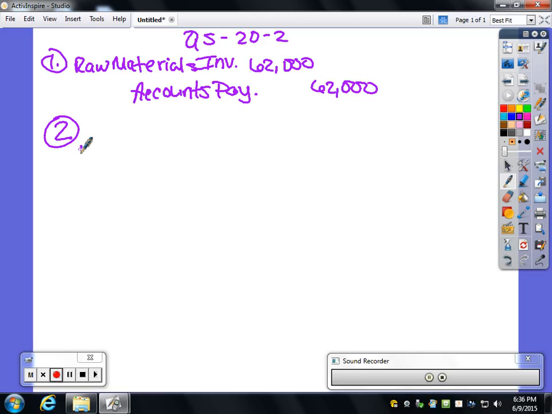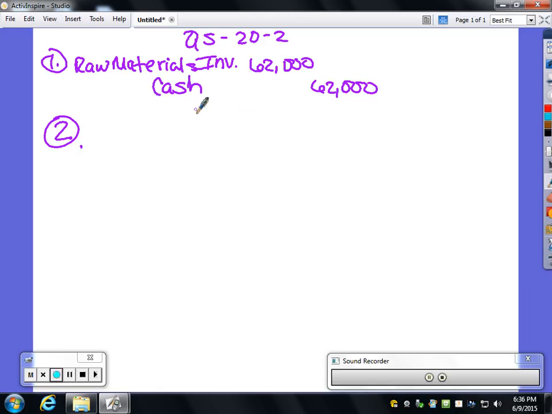Why did you choose accounts payable? So that's what in the book. Let's see. It didn't say on account. So we have to assume they paid with cash. Unless they had said on account, then we would use accounts payable, because they did not, we have to assume that they paid cash for that.